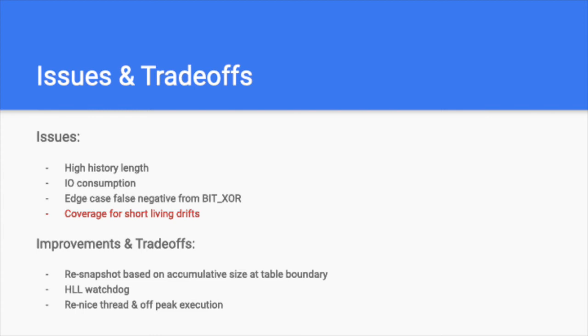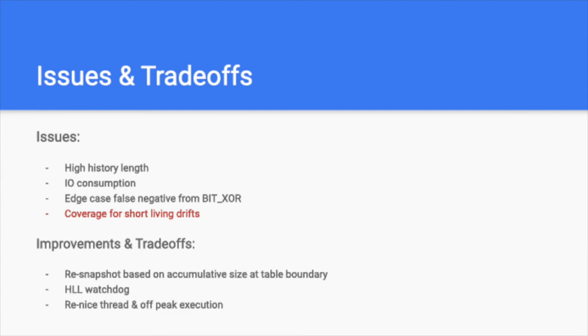Whenever we check, say, 10 gigabytes' worth of tables, we reset the snapshot so that we release the cursor from high history length and allow purge to purge the undo entries, so that we don't accumulate too much stale data in the purge log. And later on, we found this still has issues, because people tend to create large tables, sometimes terabytes' worth.